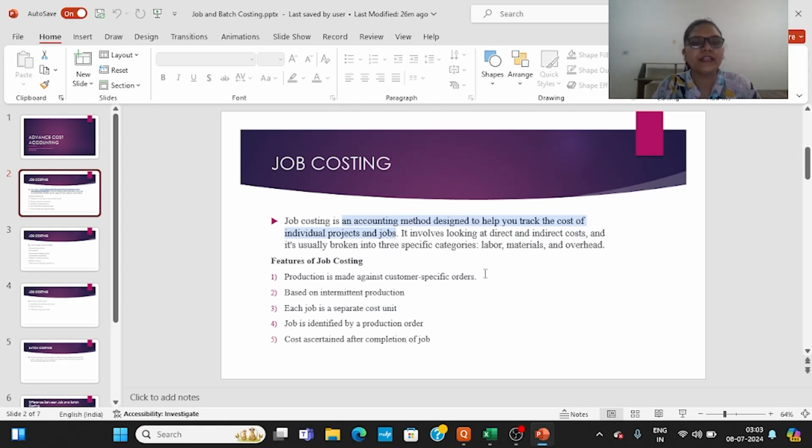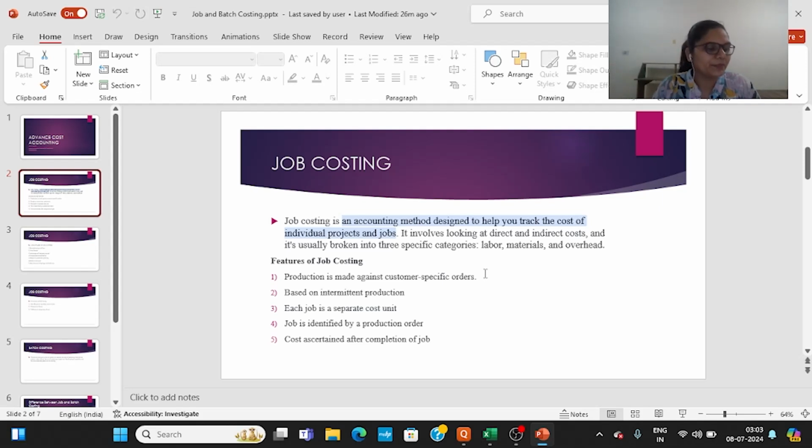Based on intermittent production, each job has its own characteristics and requires specific treatment. It does not continue. As job costing is done against specific orders, there is a halt in the production process. The job production process is never a continuous process.